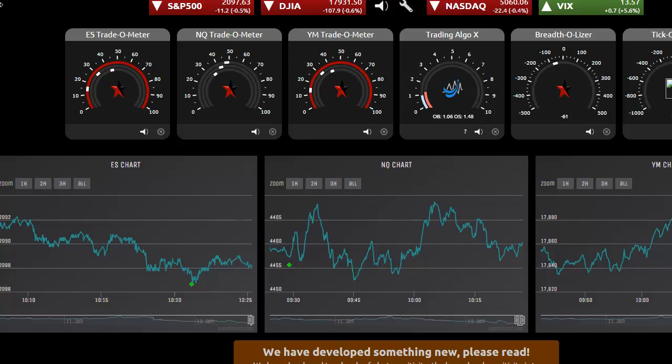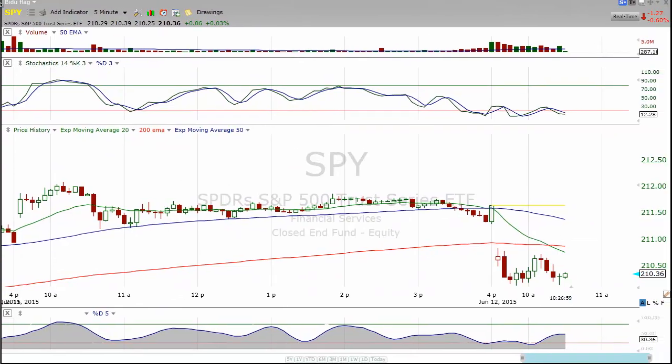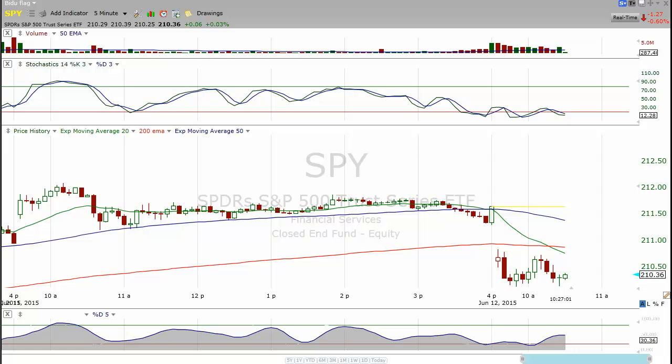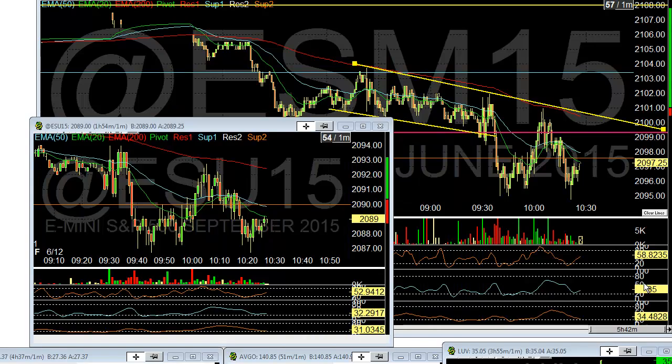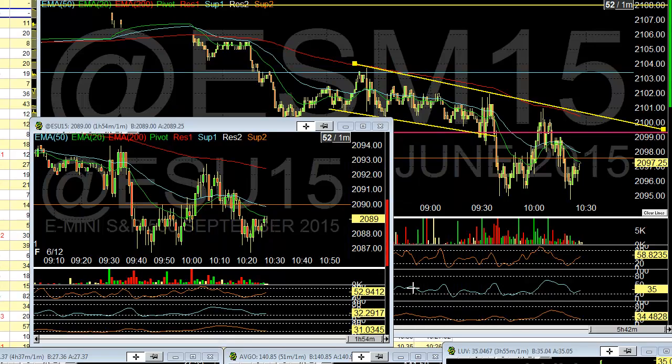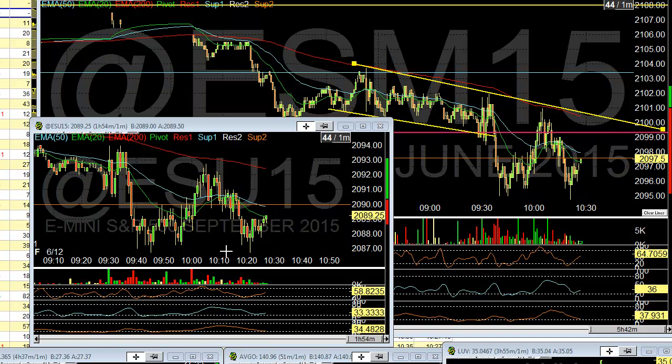I want to go back one more time and take a look at the S&P futures chart. Let's bring that up here. I have the September contract also tracking the June contract, pretty much giving the same patterns. You can see this was a classic tradeometer setup. We had that reversal candle to go along with it too.